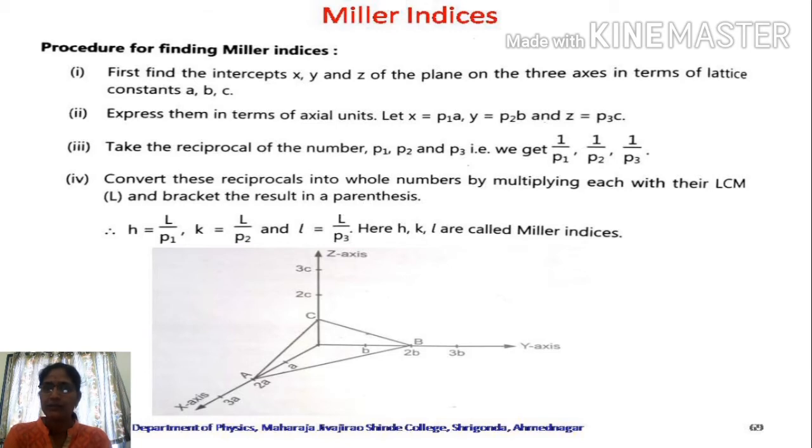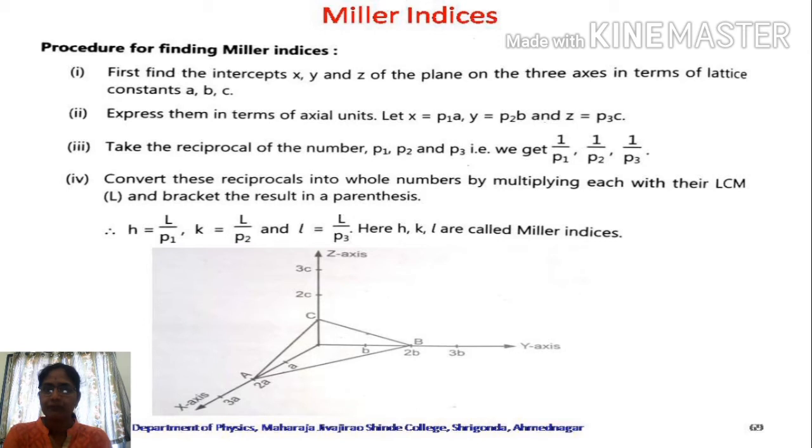The next step is to express them in terms of actual units, meaning how many times a, how many times b and how many times c. Suppose we consider x equal to p1a is the intercept on x-axis, y equal to p2b and z equal to p3c.